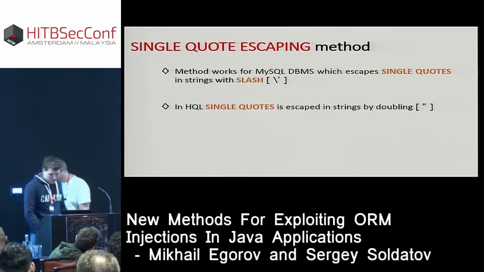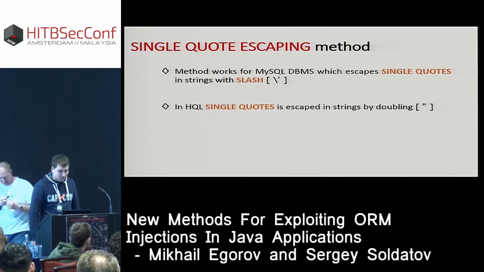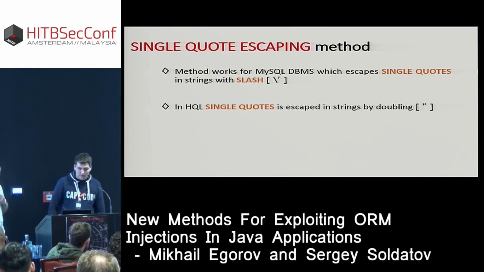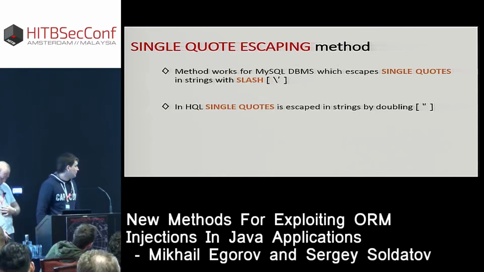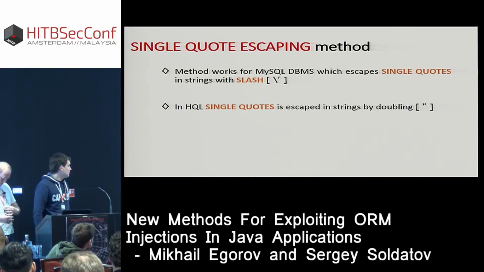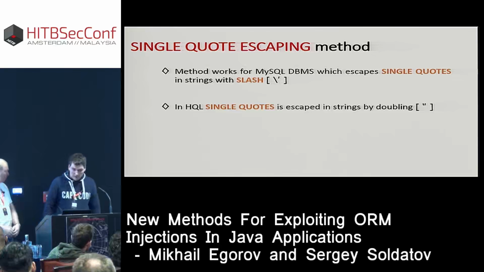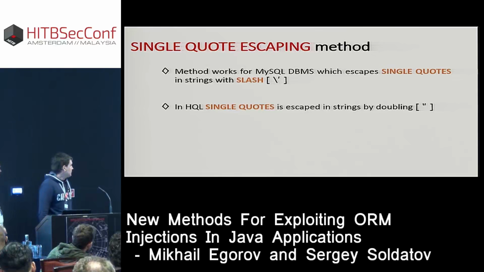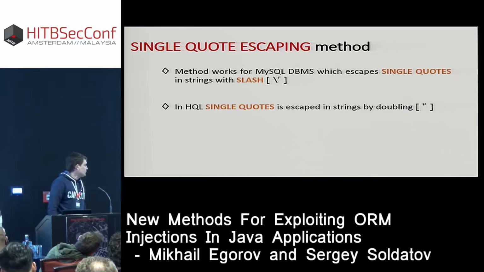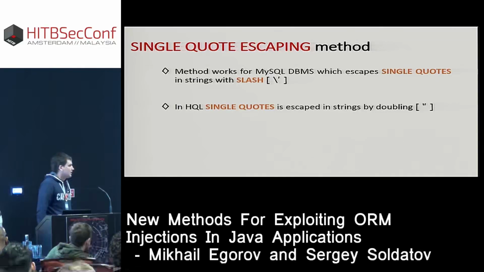Okay. We named the first technique single quote escaping. The technique works for the MySQL database management system only. It works because MySQL and Hibernate process quote escaping differently. So we can see that in MySQL, to escape a single quote you must use a slash symbol before the single quote.